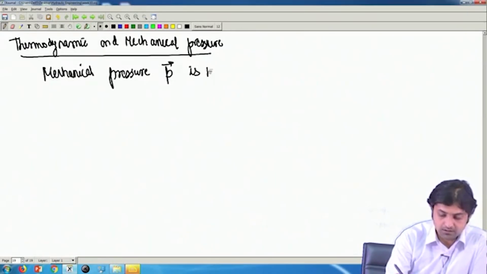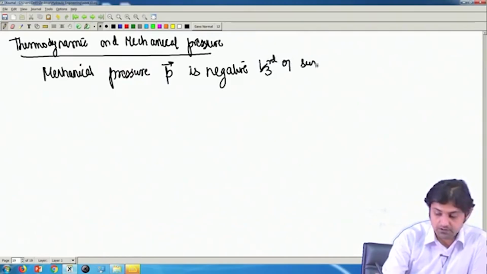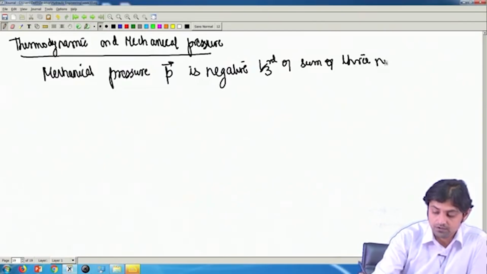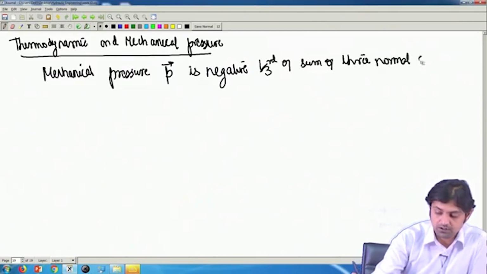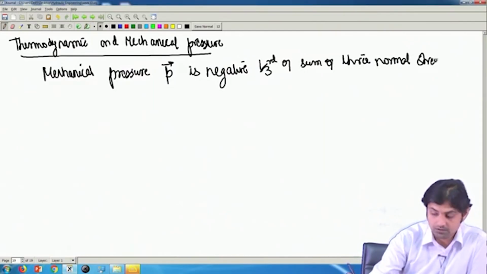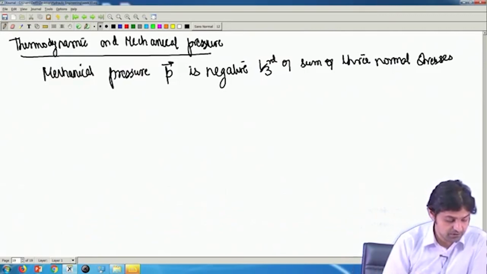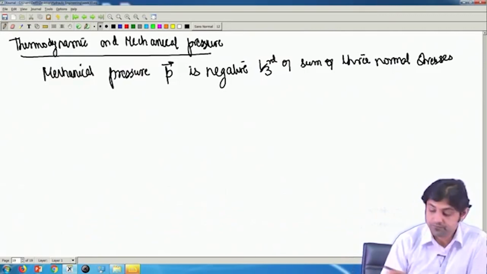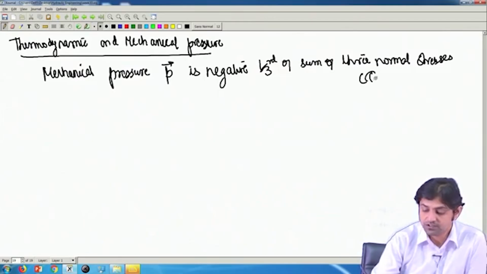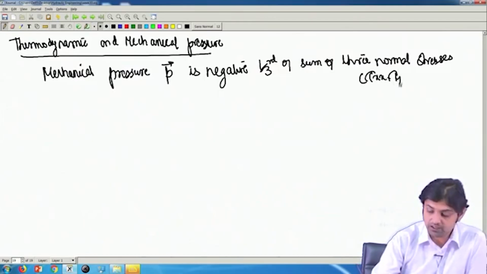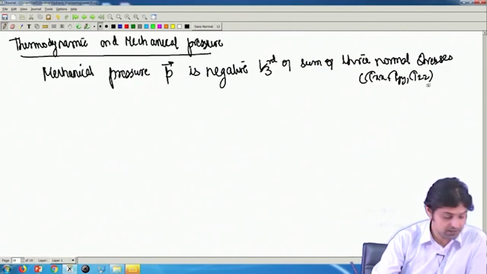is negative 1/3 of the sum of the 3 normal stresses. What are the 3 normal stresses? Tau xx, tau yy and tau zz.